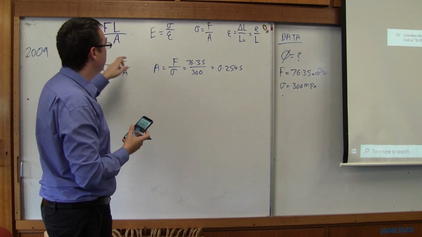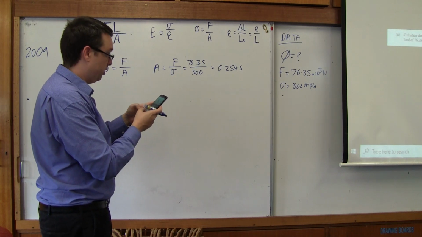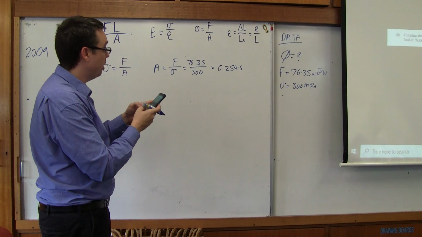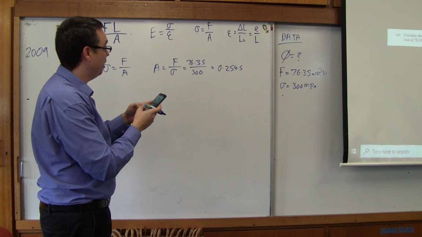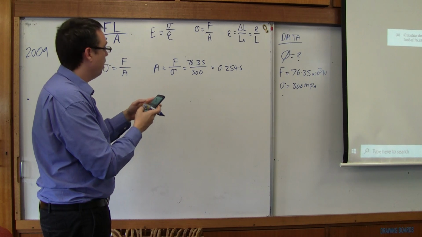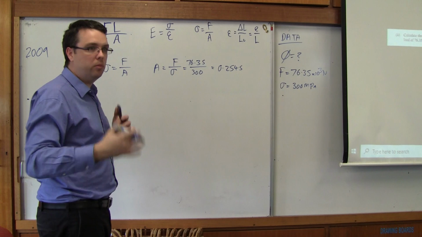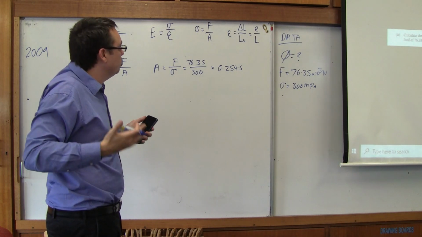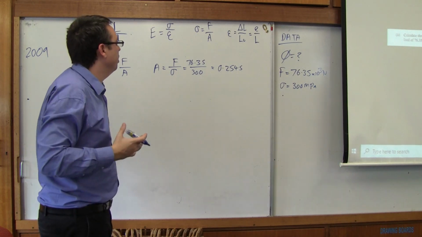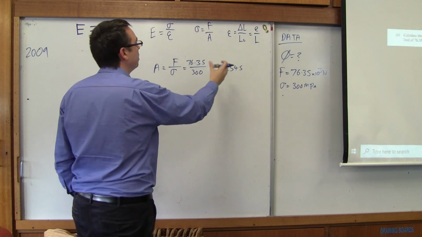So if I take my force, 76.35 divided by area, which we said was 0.2545, I get 300. That's just a way of doing a check, just to make sure I haven't got my algebra wrong. Normally I don't do that, but sometimes, if I don't have a good intuition of whether that number seems plausible, that's a way that you can check.